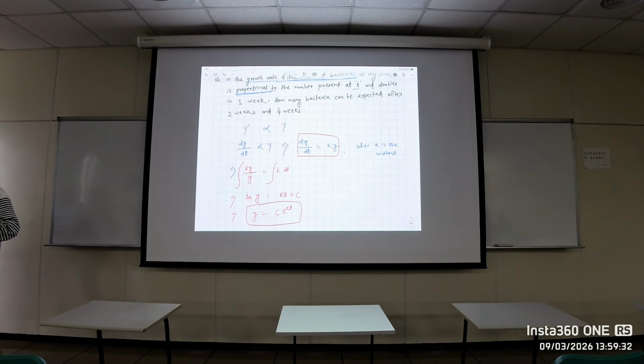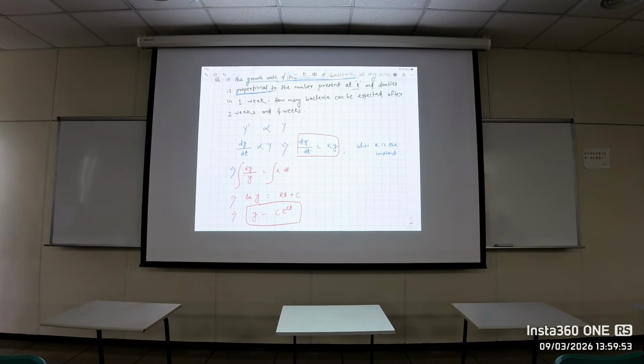You read the question, it is clearly written there. That's the point. Very good. That means in 1 week the number of bacteria gets double. That is the initial condition.